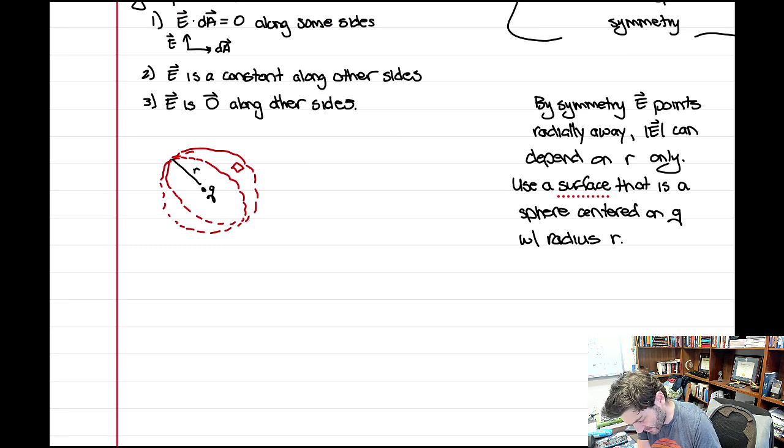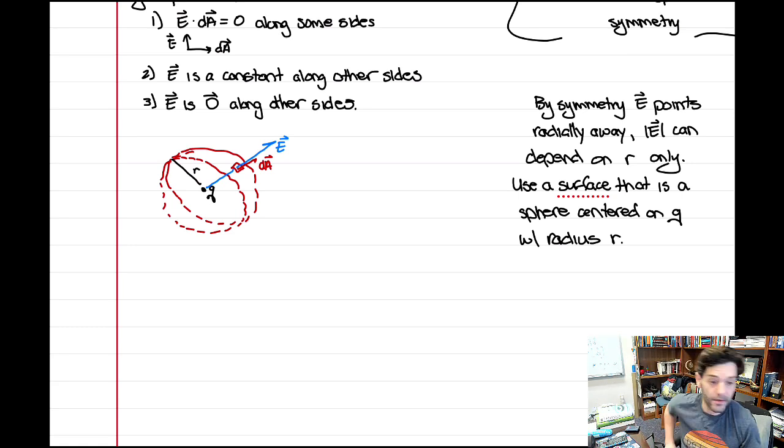Now the electric field, there's blue for the electric field, is going out, and it's piercing that surface. There's the electric field, and it's pointing radially away. But then for this little patch, dA is also pointing radially away.